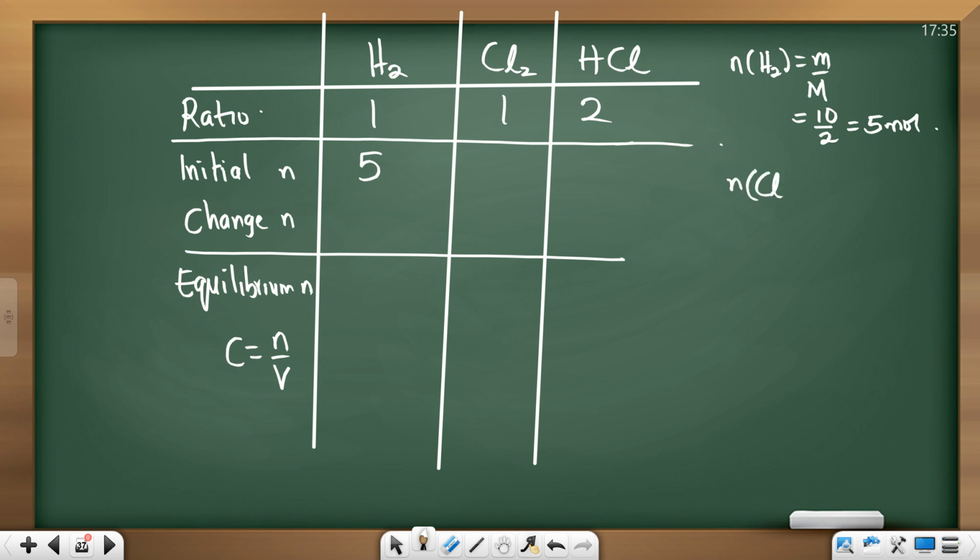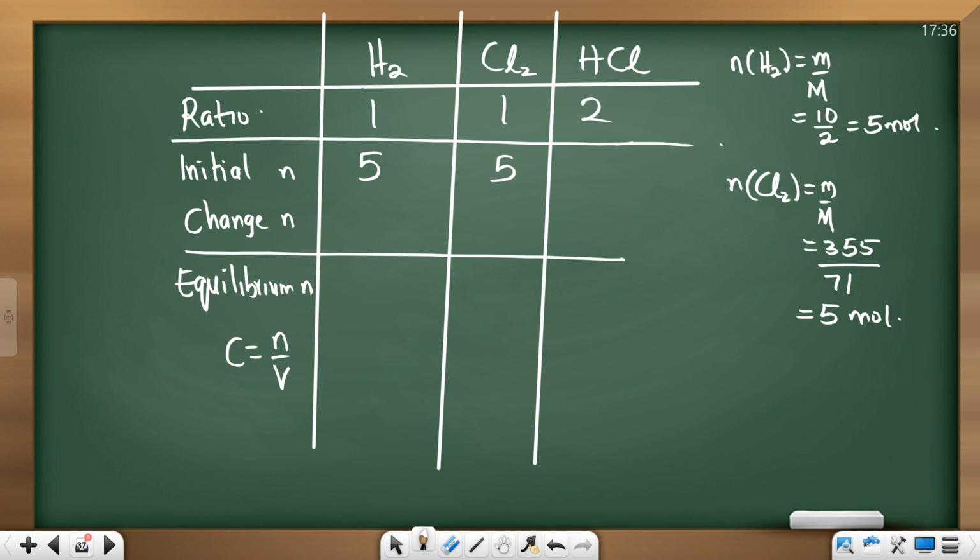Again, we have number of moles of chlorine gas, mass over molar mass, 355 over. What is the molar mass of chlorine gas? 71. Am I right? Yes. 71. So what is 355 divided by 71? That's 5. 5 moles again.